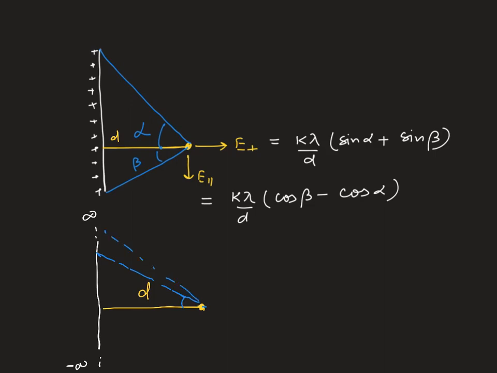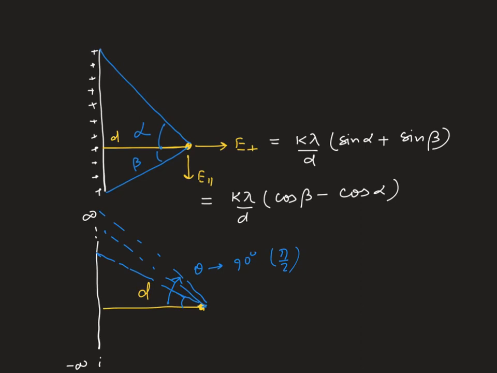Now as we go on increasing it, this angle will be increasing, and if you make this line reach infinity, this angle will reach, yes, you guessed it, theta tending to 90 degrees or pi by 2.